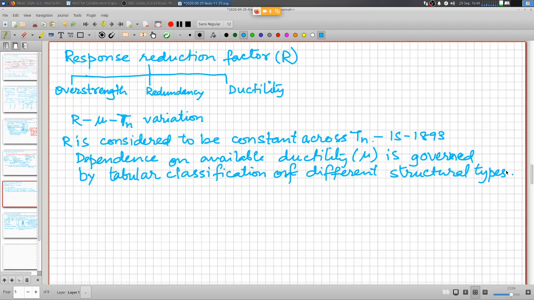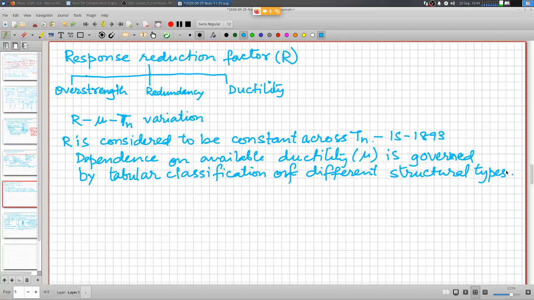So based on the available ductility as defined by the different structural types, you choose a value of R, and that value of R is held constant across different natural periods. You don't really change the response reduction factor if the natural period of the building or structural system changes, which will happen if you just change the height of the building, right?